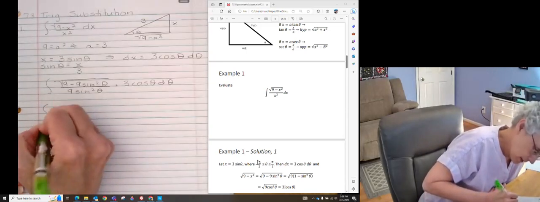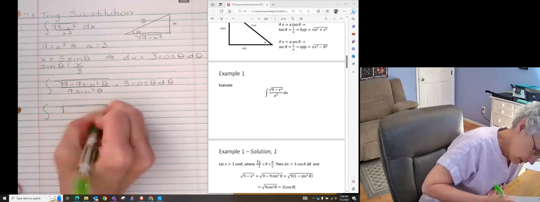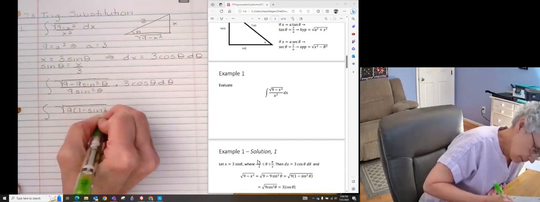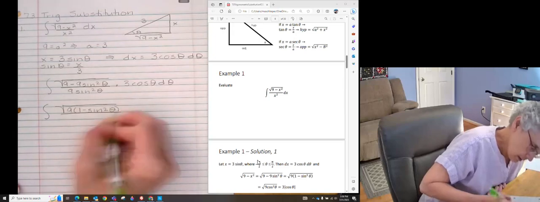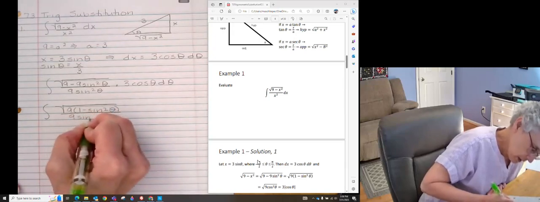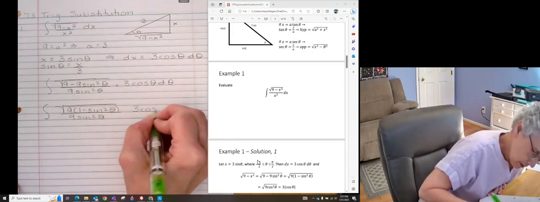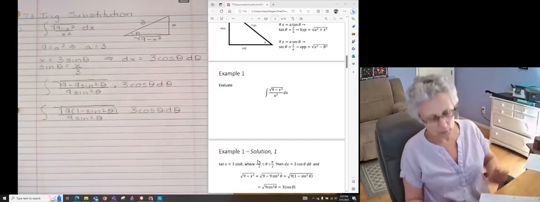Now let's look at what's underneath the radical here. We have the square root of 9 times 1 minus sine squared of theta over 9 sine squared of theta times 3 cosine theta d theta.